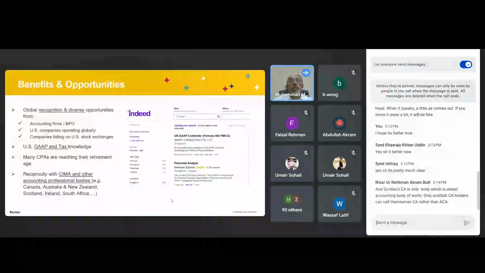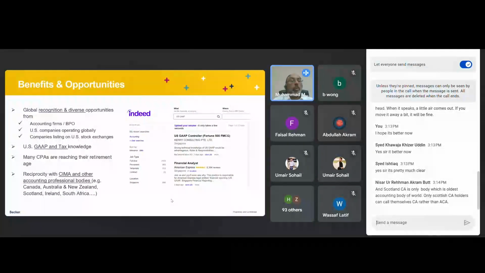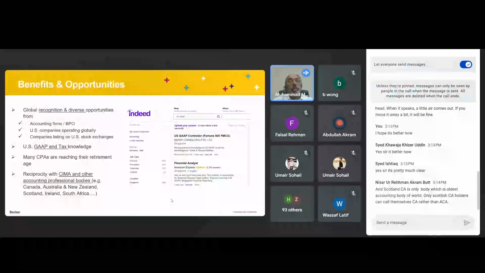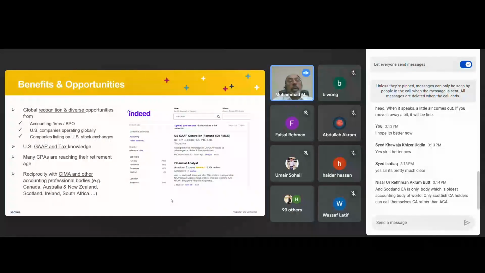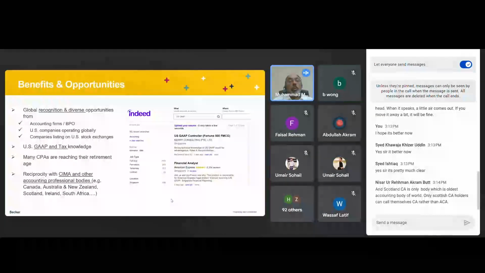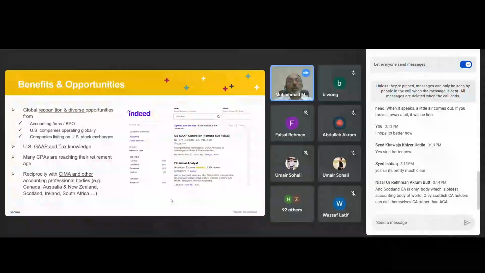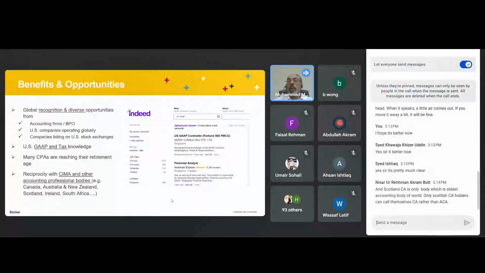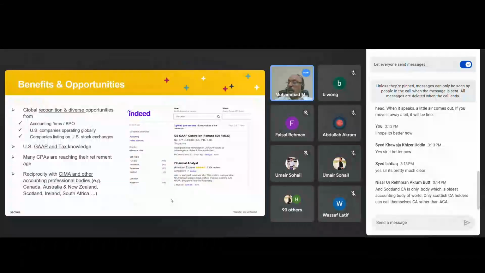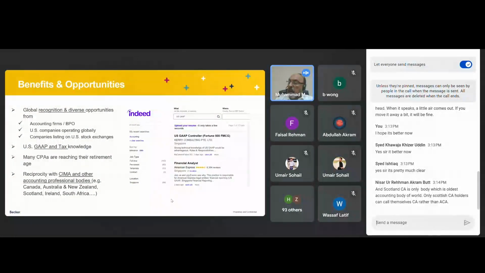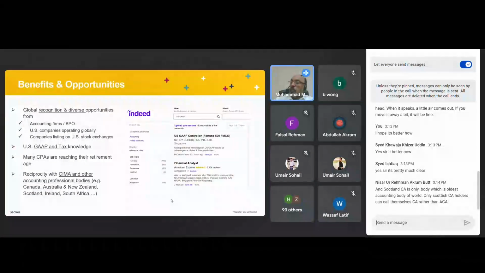Normally, the services of CPAs are required by them as an employee, as a finance controller, and maybe as an auditor. And this qualification gives you very strong knowledge of US GAAP, and also knowledge of US federal tax.